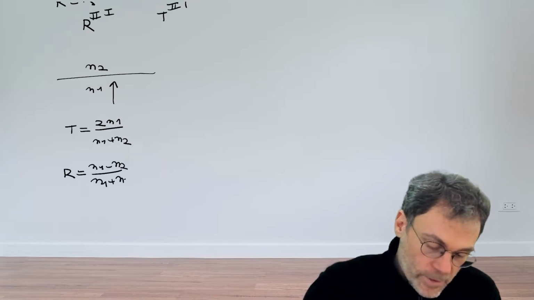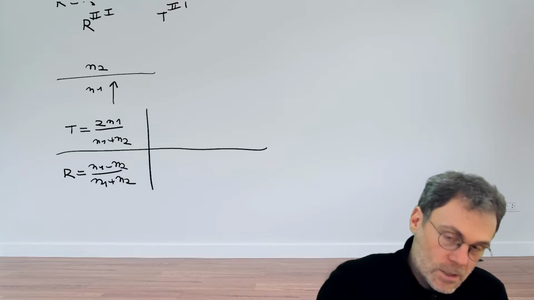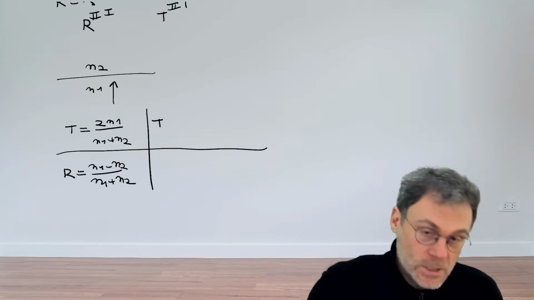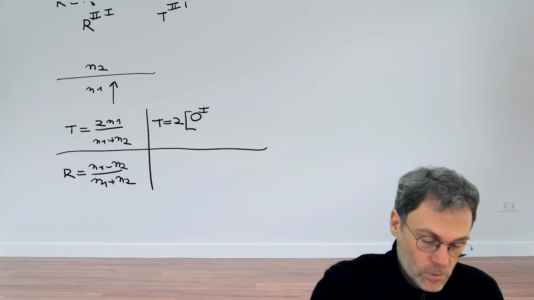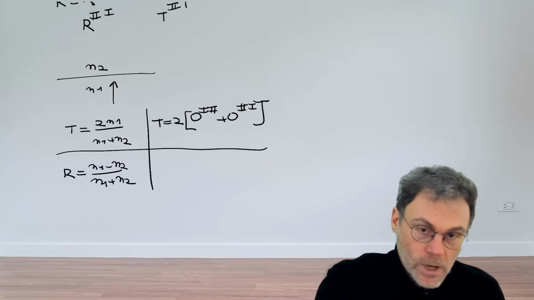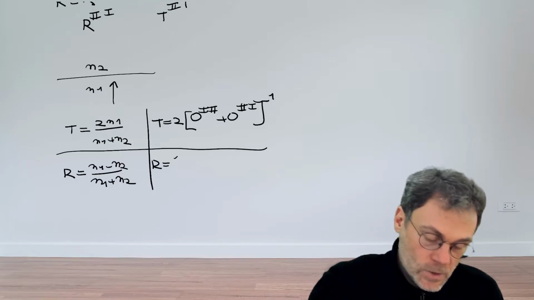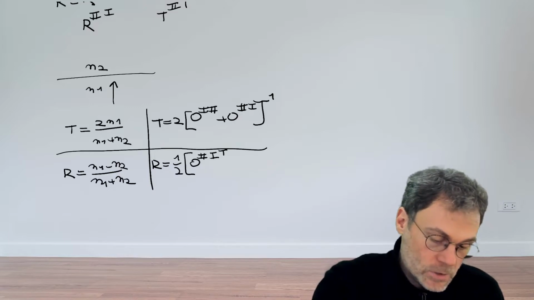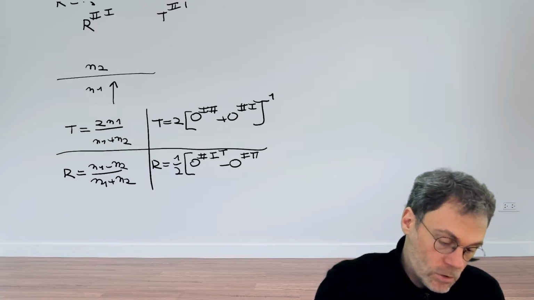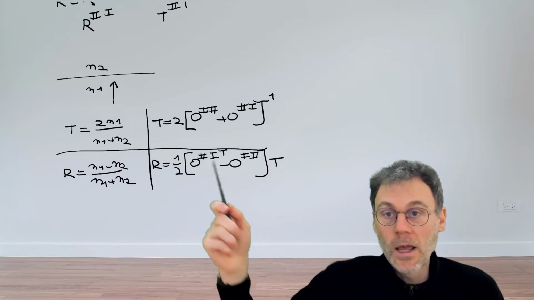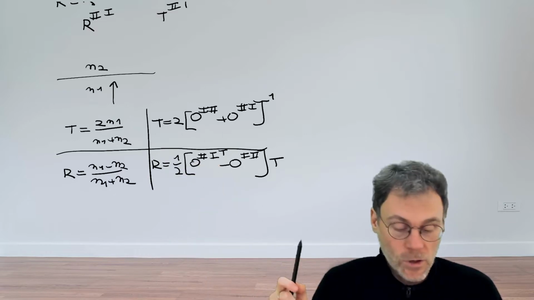Now, obviously, if you compare that to the equations that we had in the general case where the 2 media were not uniform, then we had a transmission matrix which had the following structure: 2, and then overlap 1,2 plus overlap 2,1, minus 1. And then for the reflected field, we had 1/2 overlap 2,1 transpose minus overlap 1,2 times the transmission matrix. And you really see the parallel in terms of general shape for what's going on here.